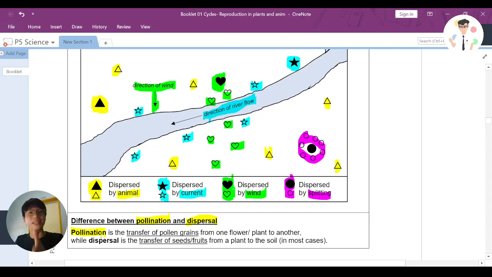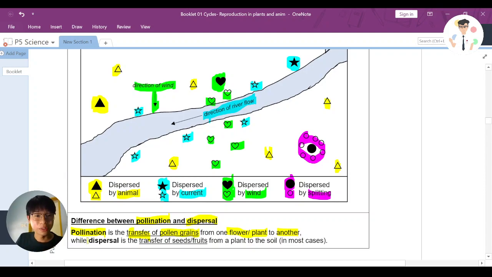Pollination, fertilization, then we have dispersal. So it happens before. Pollination is a transfer of pollen grains. And when there's pollination, there are no seeds yet, okay? And it's from one flower or plant to the other, flower to flower or plant to plant.